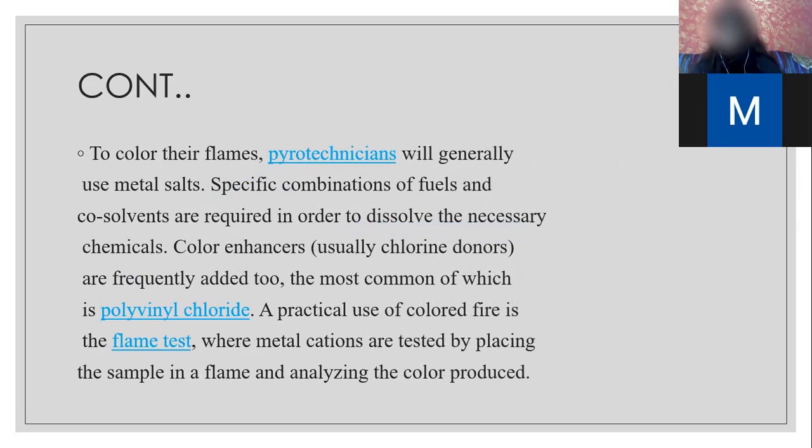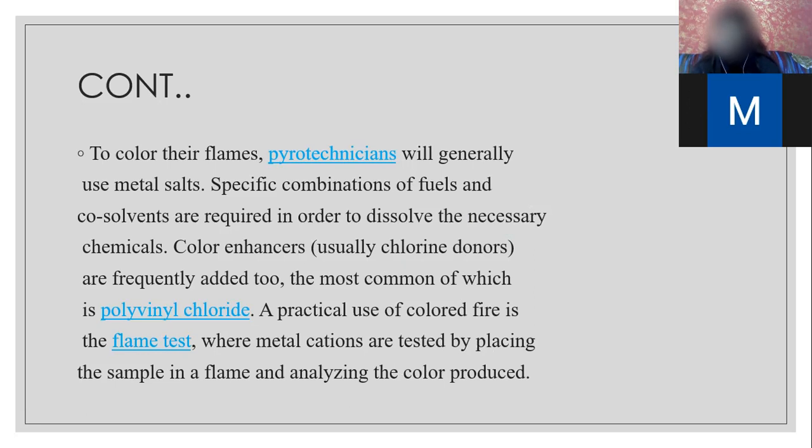Specific combinations of fuels and co-solvents are required in order to dissolve the necessary chemicals when we add chemical additives artificially. Color enhancers, usually chlorine donors, are frequently added too, the most common of which is polyvinyl chloride.